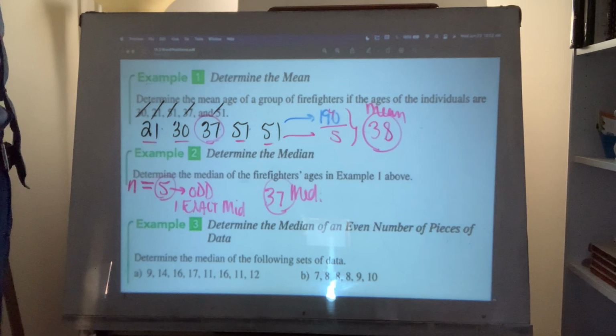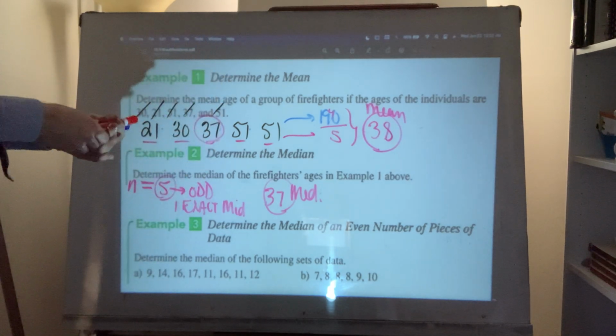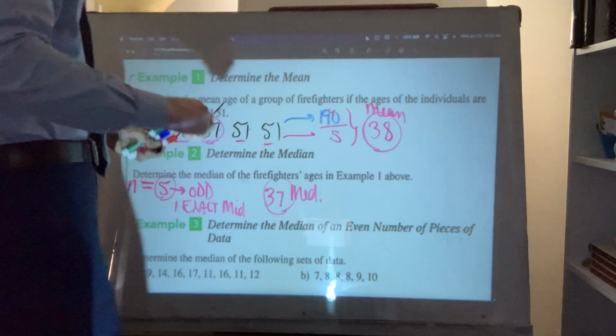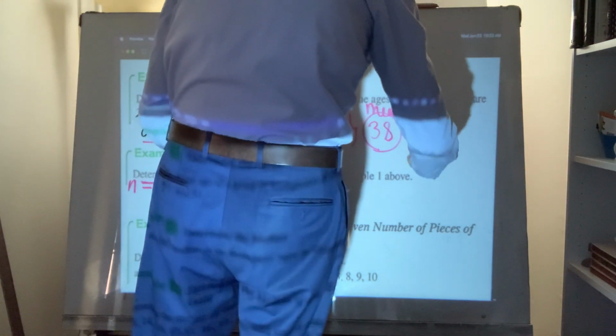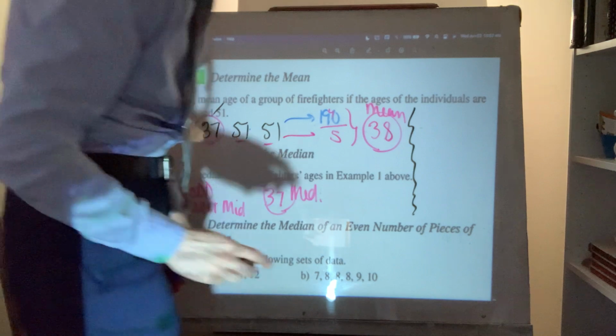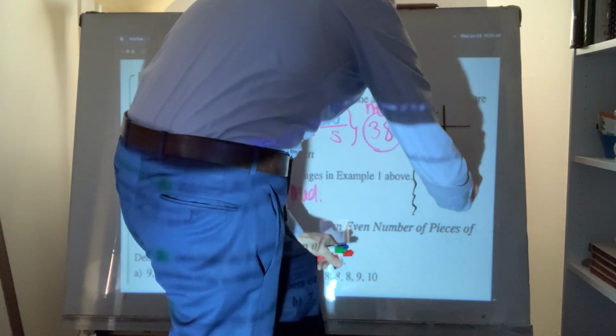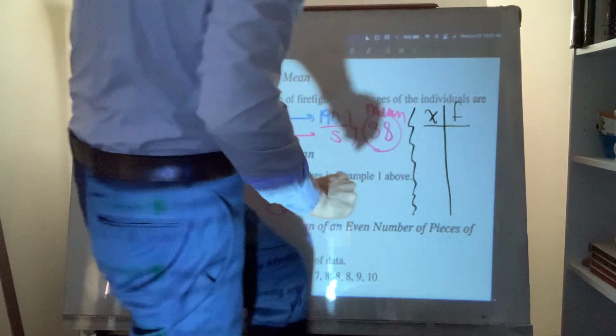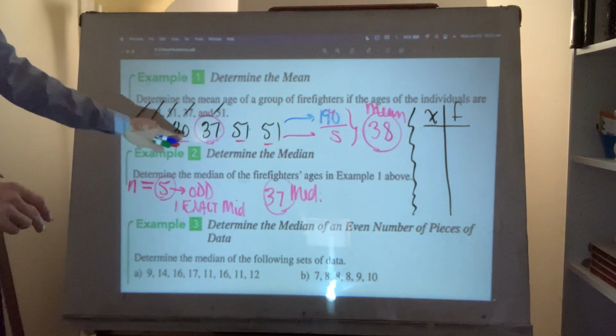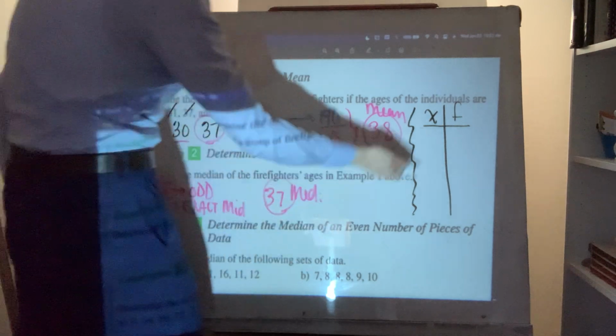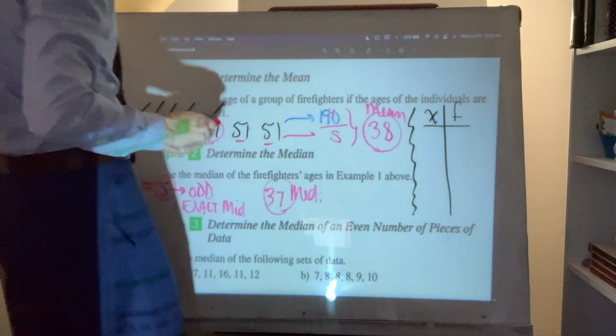Now, just to sneak it in here, let us say that you had the data. You don't have to do this because they didn't ask you for it. But I want to show you something. In my lab, a lot of times they give you a table that looks like this. They'll have the data, as I've written it horizontally, presented vertically.